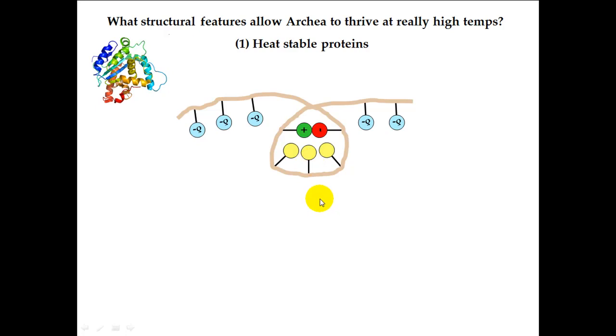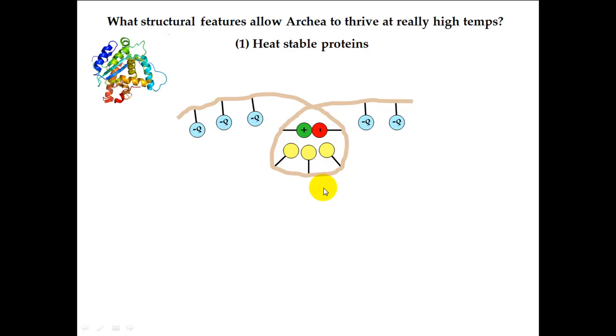So because the core amino acids that you find in archaea proteins are very hydrophobic, I see it as counteracting the effects that the heat might have when it starts unraveling or denaturing that protein.